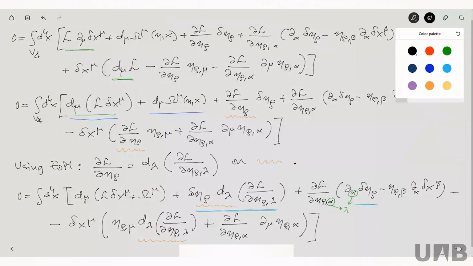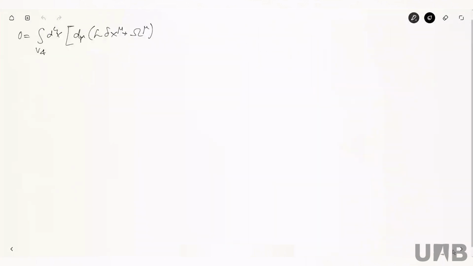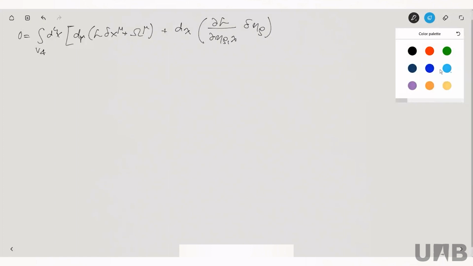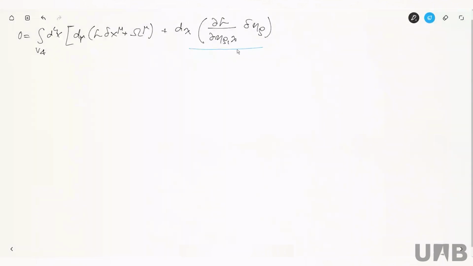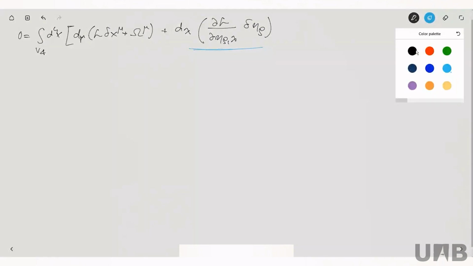Now I write it together, and it becomes the derivative lambda of the product. So this is the result of this new grouping of these two terms. Let's see whether this is true.